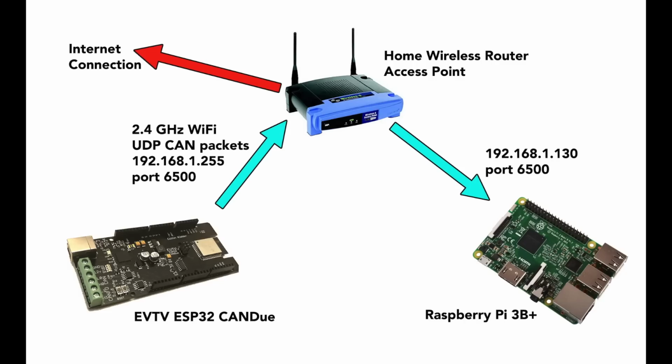And UDP packets transmitted on .255 can be received by any device with access to that access point. It's a broadcast address. And UDP inherently is connectionless. You don't set up a connection between two devices. It's simply a raw packet transmission. And so we can broadcast that on the broadcast address.